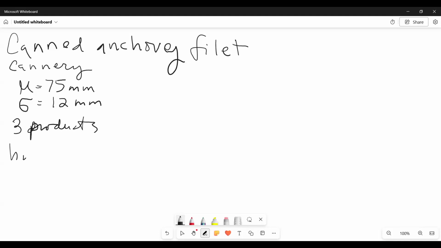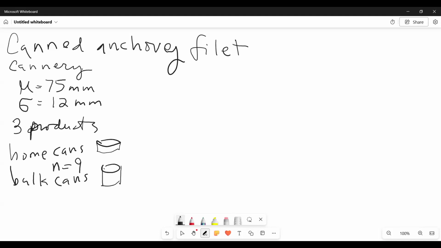Right, and they're going to put these fish into 3 different products. They're going to have home cans, sort of normal little cans, and there's going to be 9 fish or fillets in these. We're going to have bulk cans, bigger ones, and there's going to be 144 fillets in those.